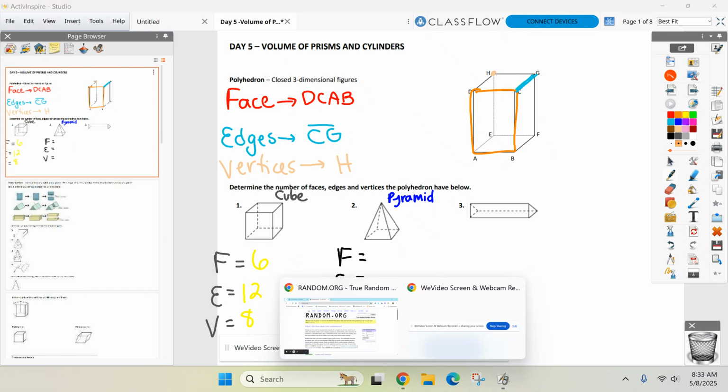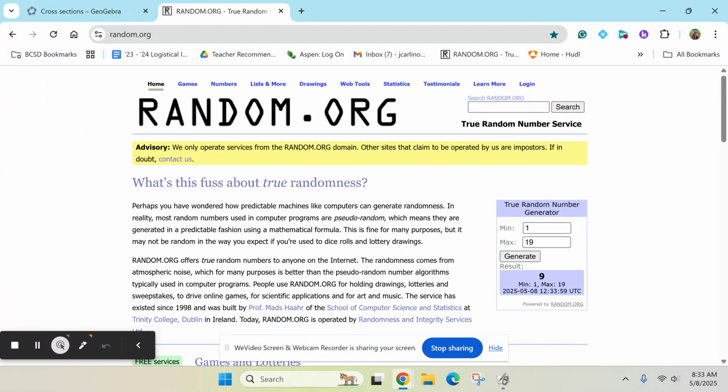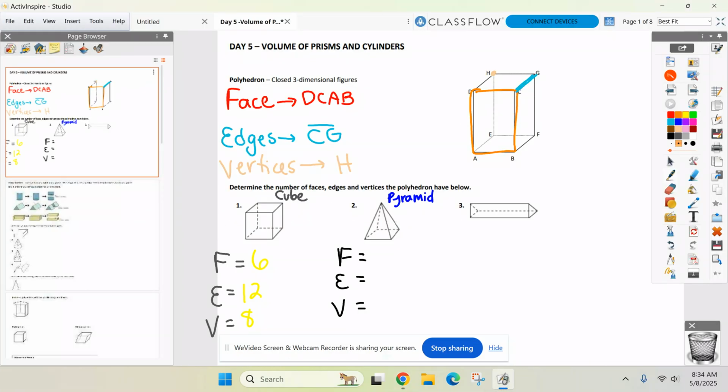I'm sure I'm going to have to skip over a bunch of numbers, but I'm okay with that because I want to make sure we've got this. Lennon, how many faces do you have? 5. Did you count how many edges? 8. Good work. And then vertices? 5. Good job.